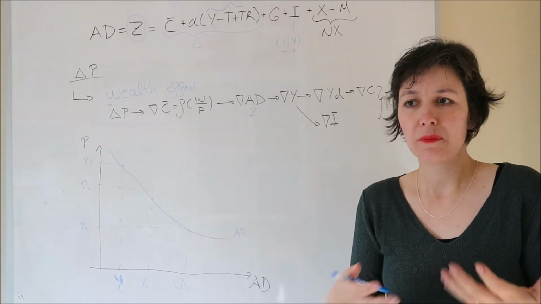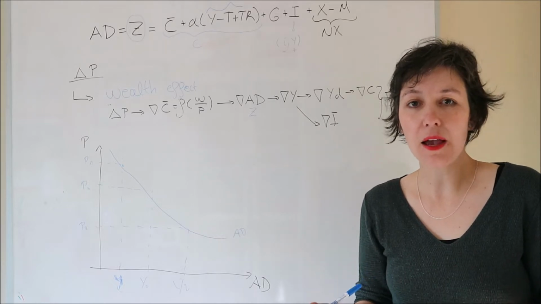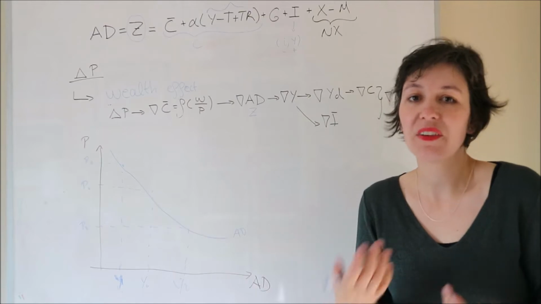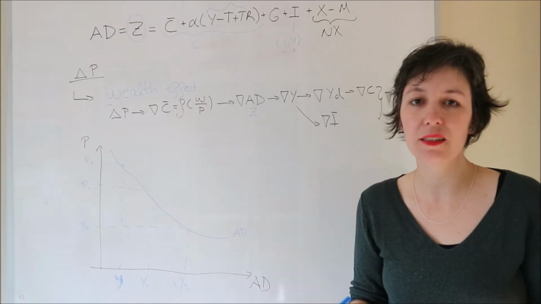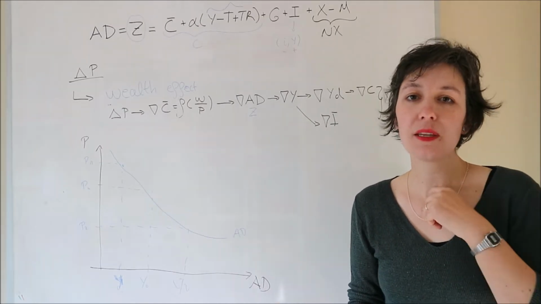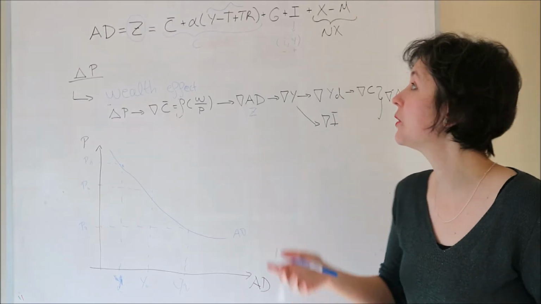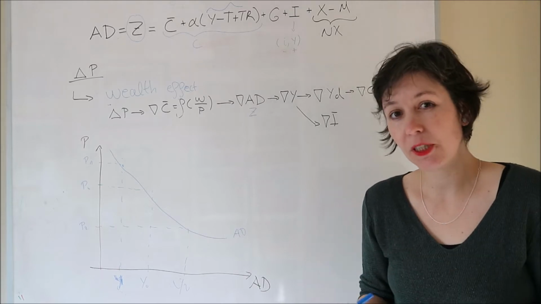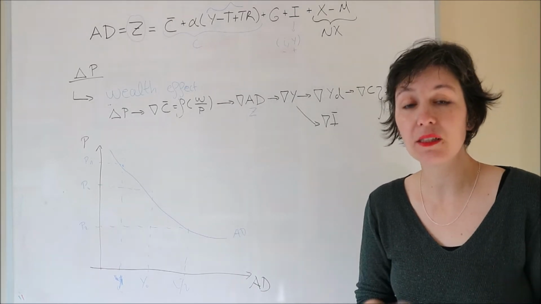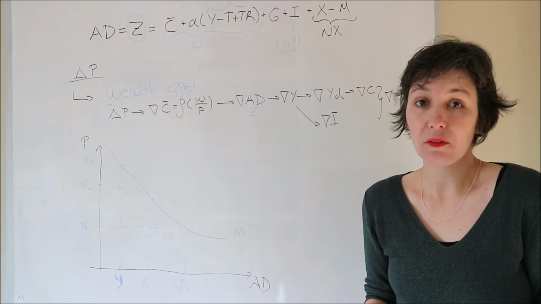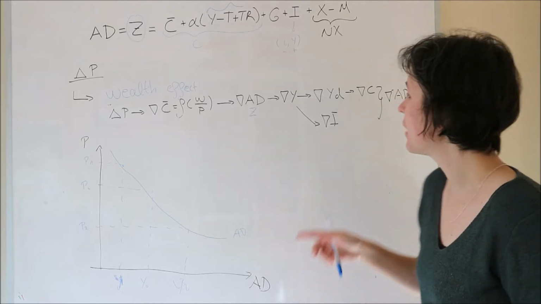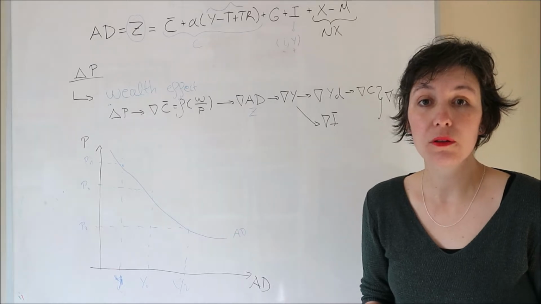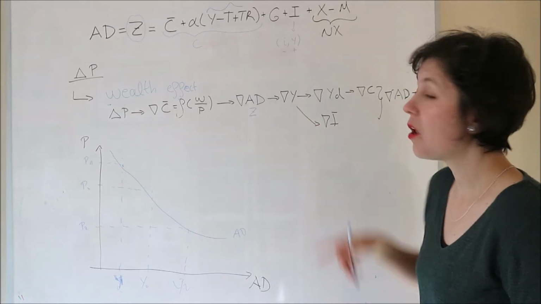So if you see that the level of sales is high, that means opportunity. That's why investment is going to be higher than in a case in which the economy is suffering a recession. About the interest rate, we are going to see that the relationship is negative. A higher interest rate means lower investment, so just bear that in mind. In this case, what we are observing is a lower output, so that's going to mean a lower investment.